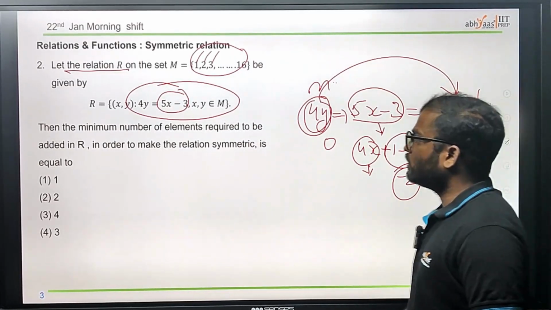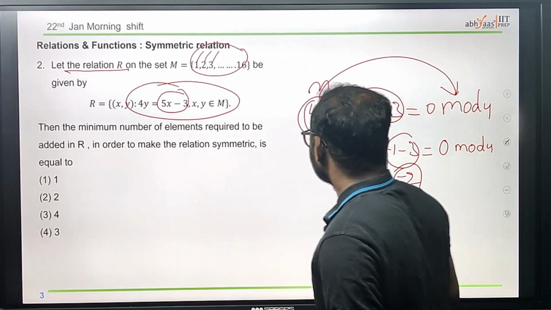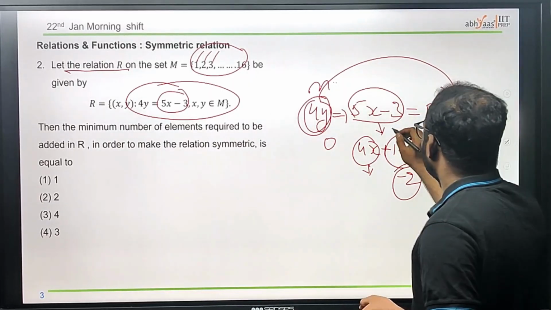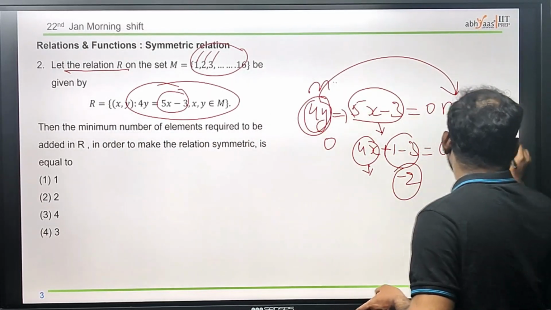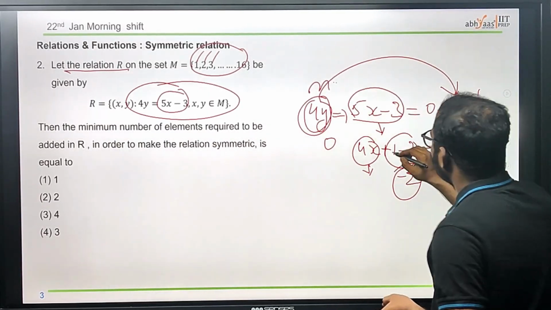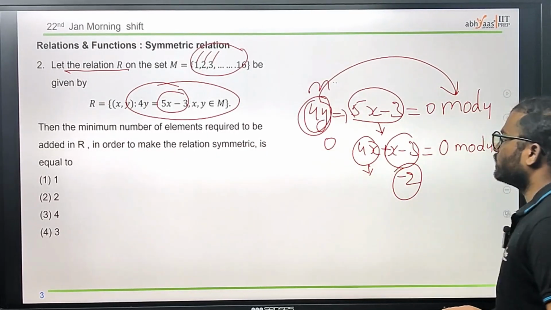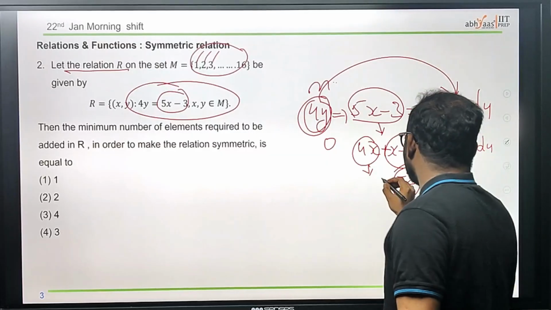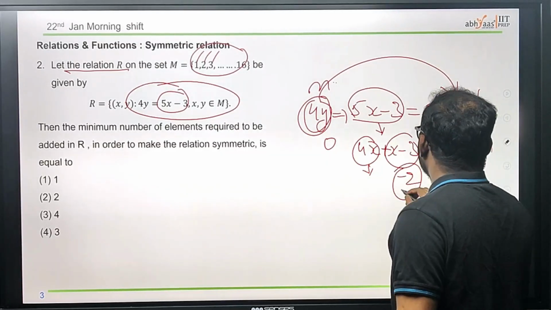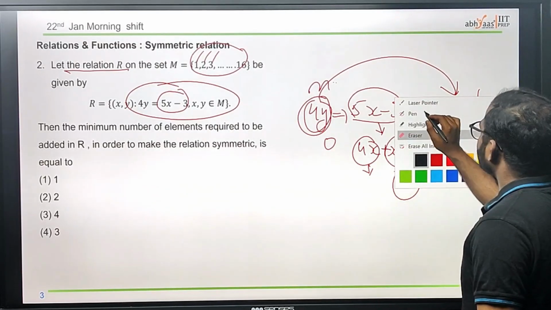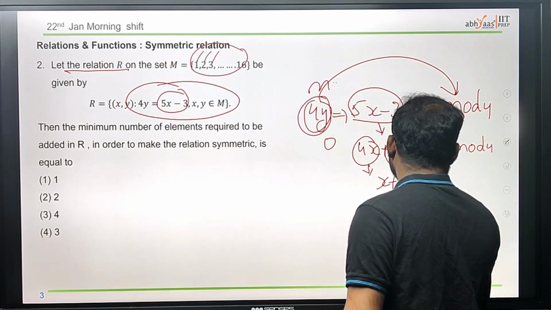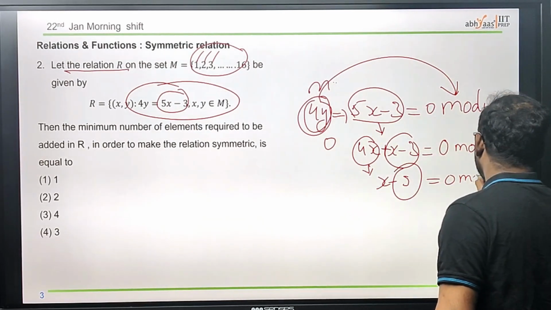If you see here, we got only two relations. I just wrote something wrong here. If you see here, we are just writing it as 4x plus x minus 3. So we got x minus 3, which is equal to 0 mod 4.